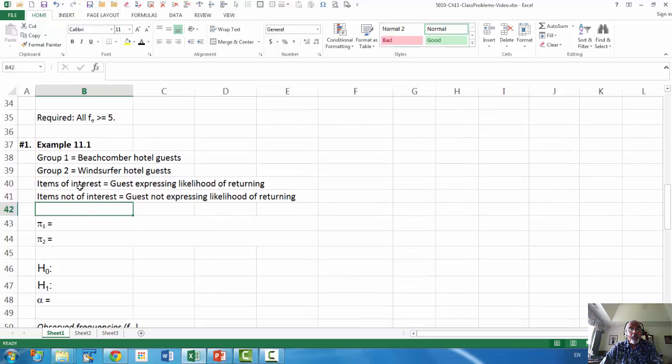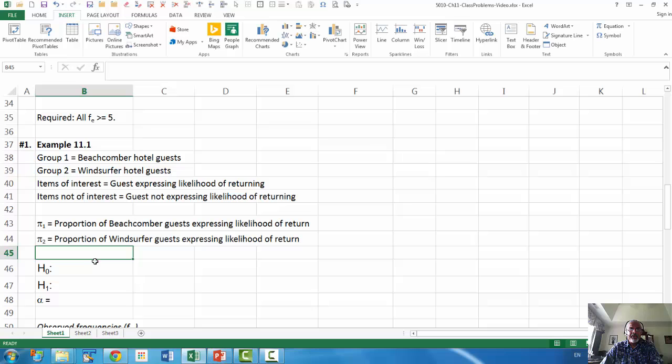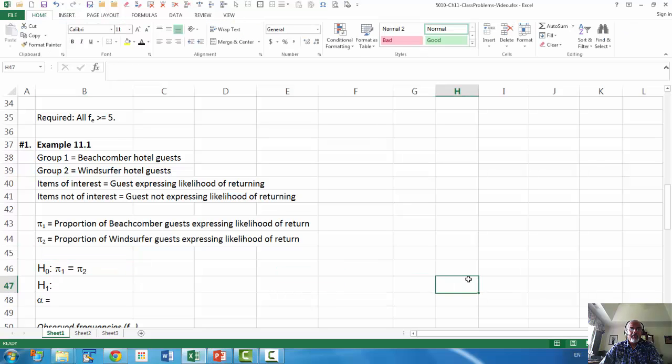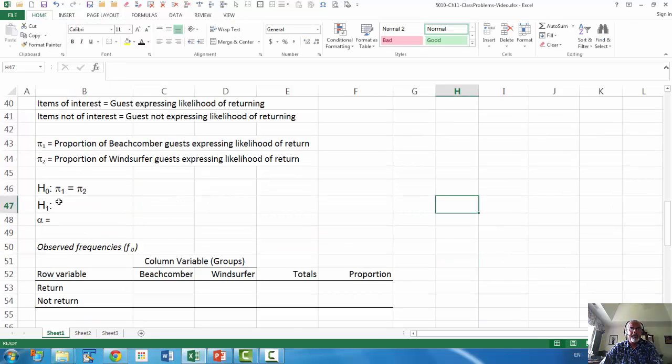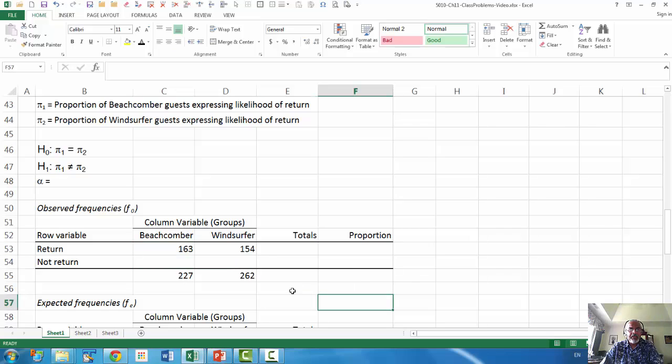So pi sub 1 is the proportion of guests expressing an interest for group 1, and the same for Windsurfer will be pi sub 2. The hypothesis is pi sub 1 equals pi sub 2, versus pi sub 1 not equal to pi sub 2. The observed frequencies are given for us. Out of 227, 163 said yes. Out of 262, 154 said yes.